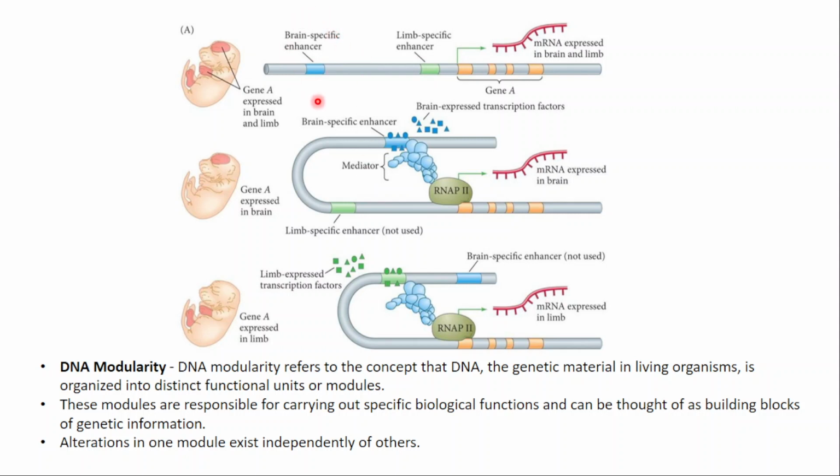So we have a brain specific enhancer and a limb specific enhancer, which are both turned on, which gives us the expression of this gene in the brain as well as in the limb. mRNA is expressed in brain and limb when we have two different enhancers.